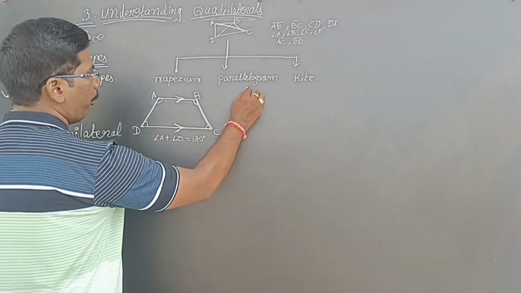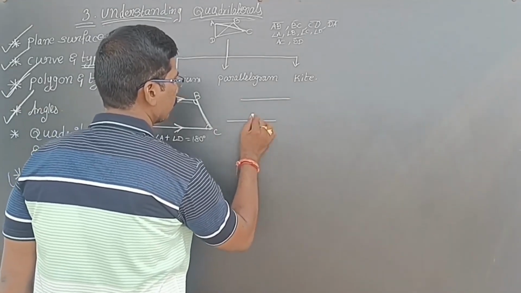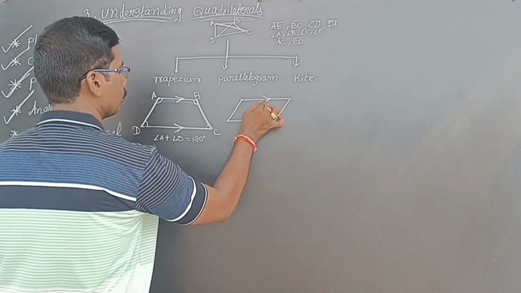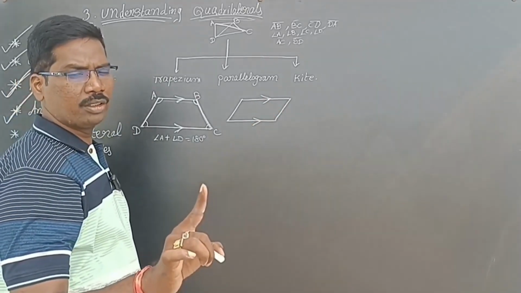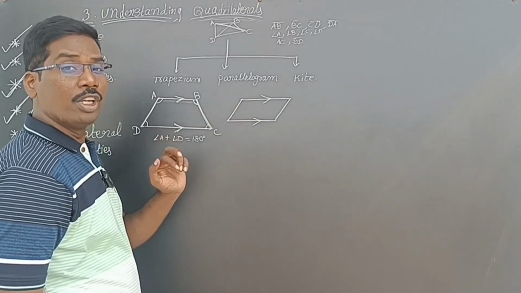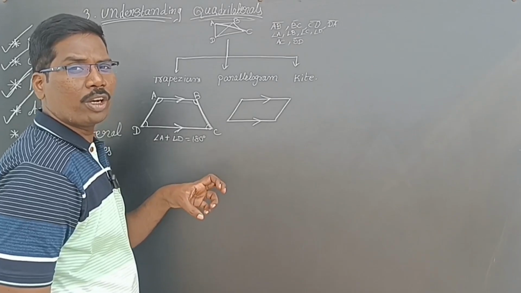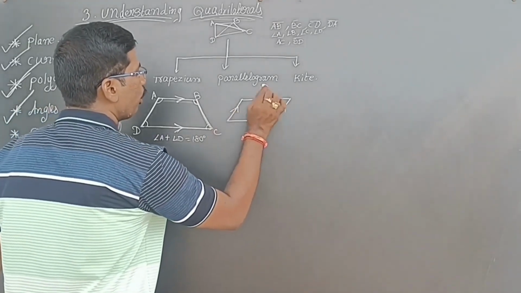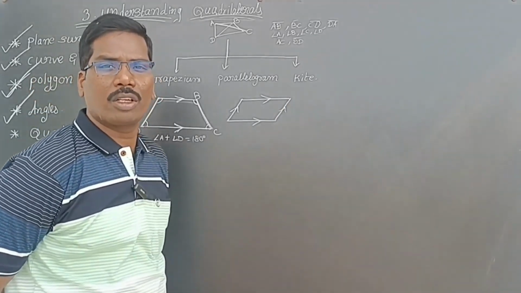Next, parallelogram. If one pair of sides of a quadrilateral is parallel, then that is a trapezium. Then if two pairs of sides of a quadrilateral are parallel, then that is called a parallelogram.